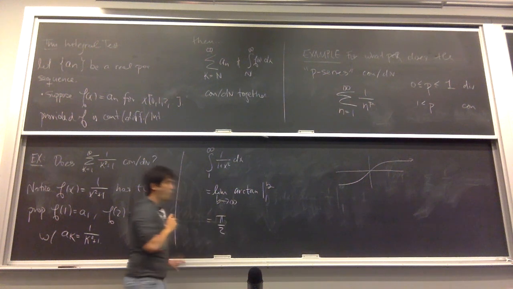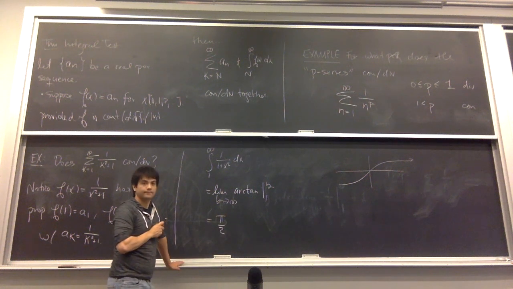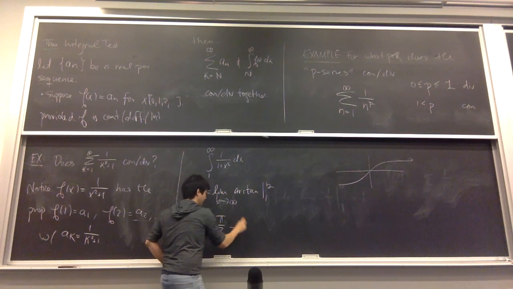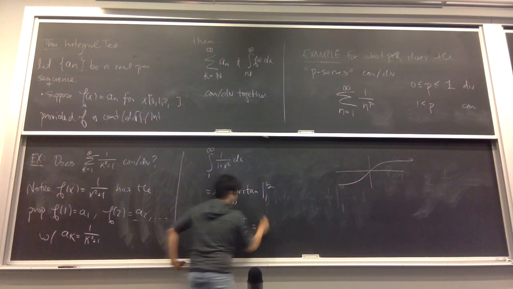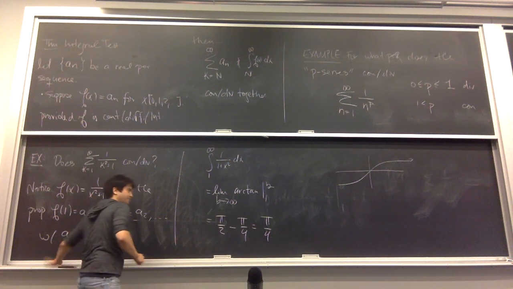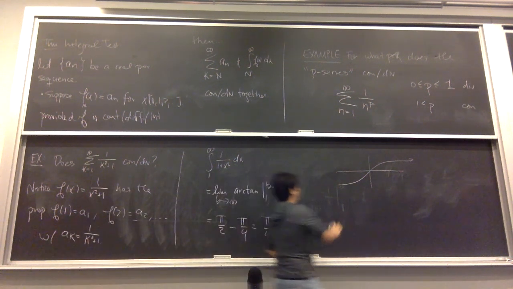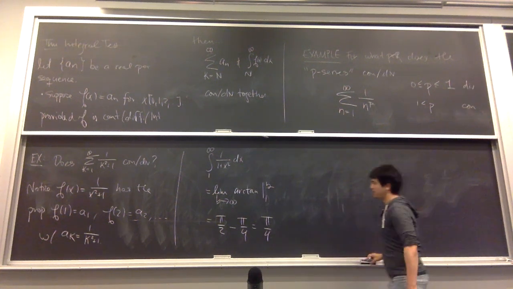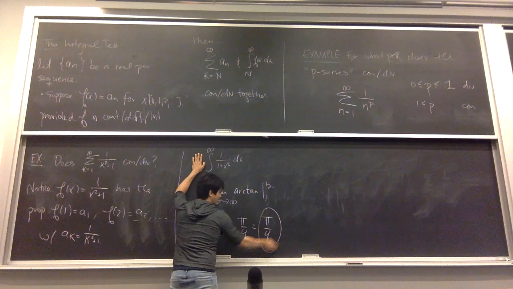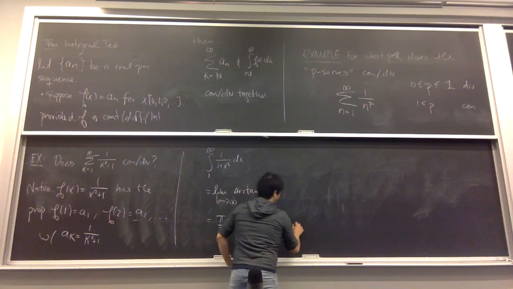And what's arctan of 1? Pi quarter. So you minus a pi quarter, which ends up being pi quarter. Brush up on the trig, everyone. Okay, so we've determined that this integral integrates to pi quarters, which is convergent.